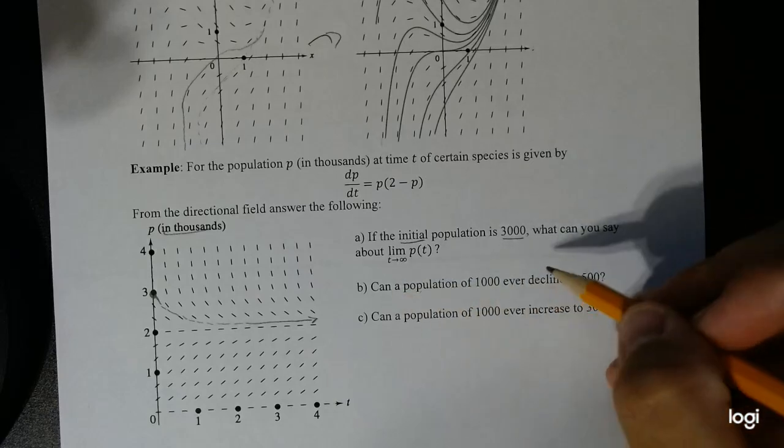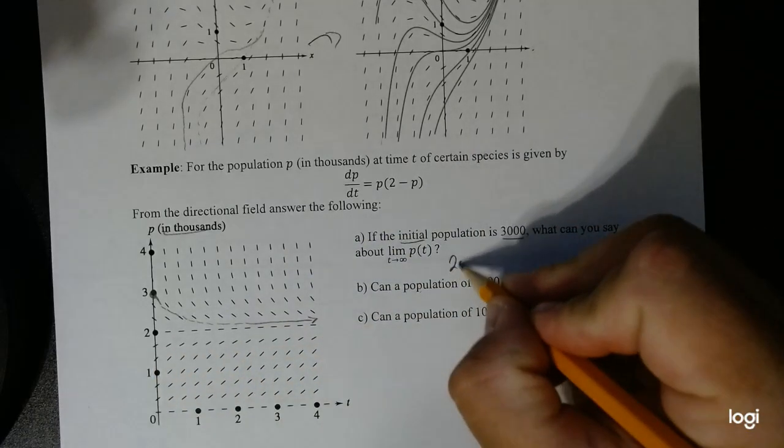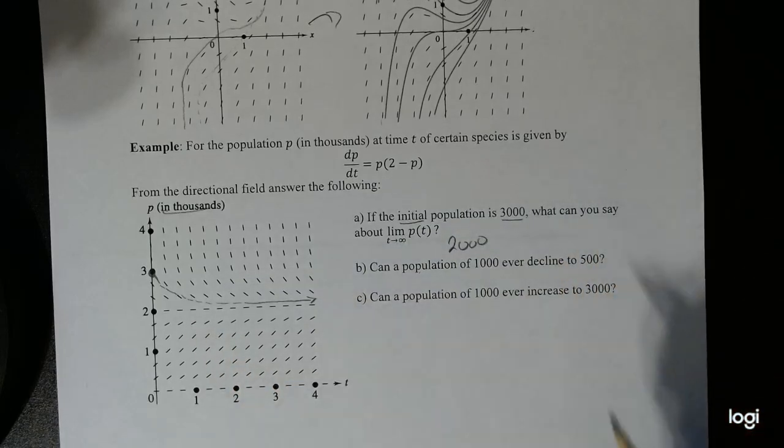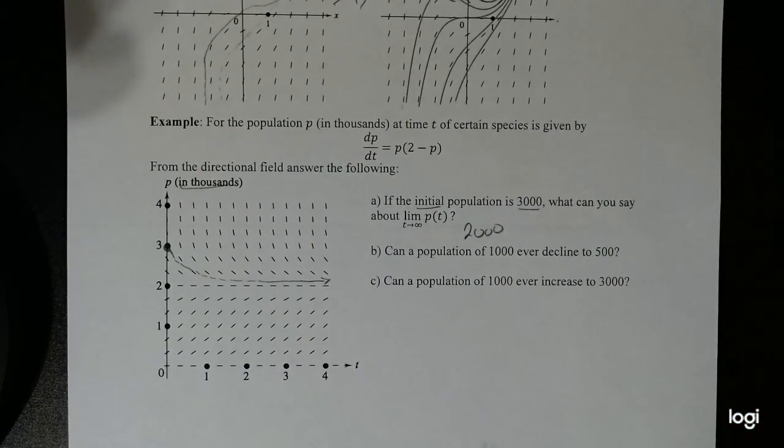So as I take this limit, it looks like it's just going to reach 2,000. It just flattens out. Remember, a little review of calculus: the limit is just what is the y value eventually when the x value, or the t value, goes to infinity forever, right?